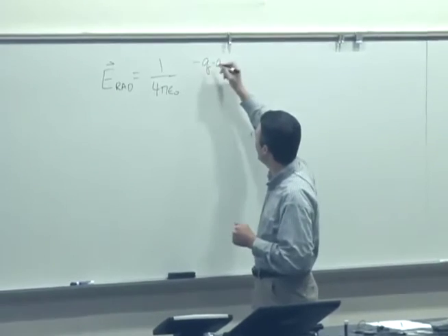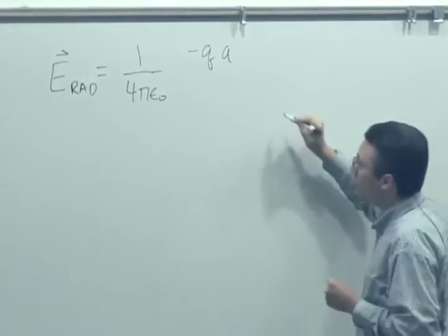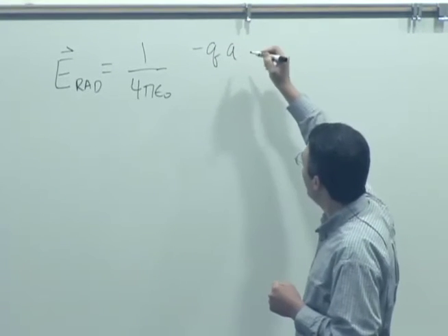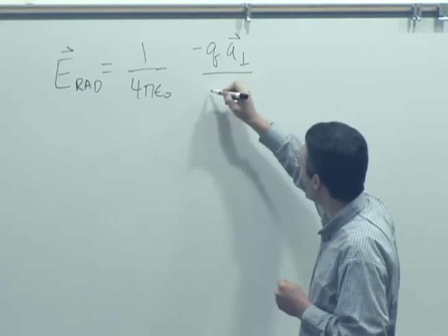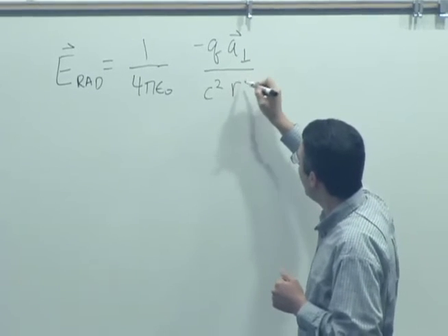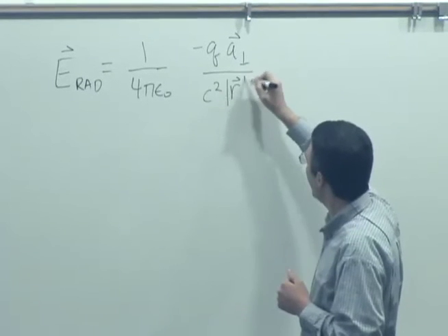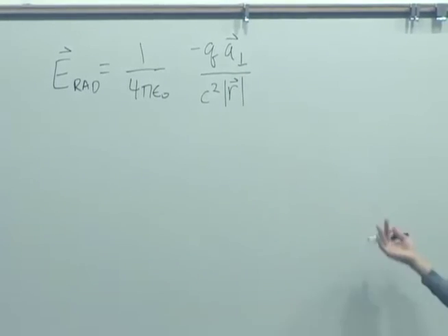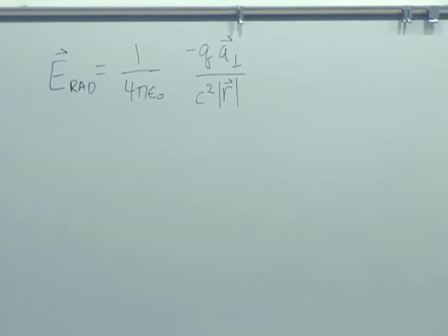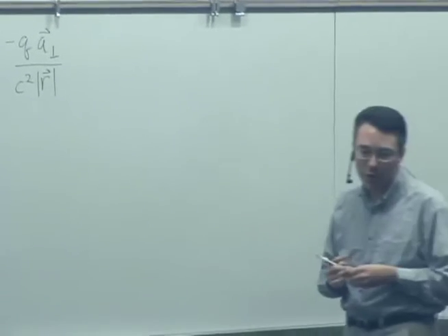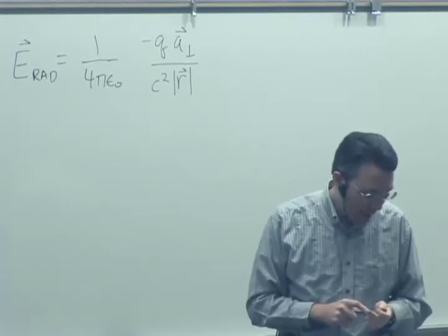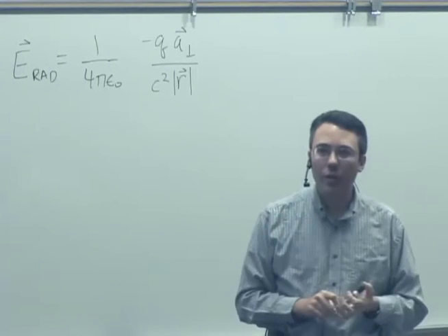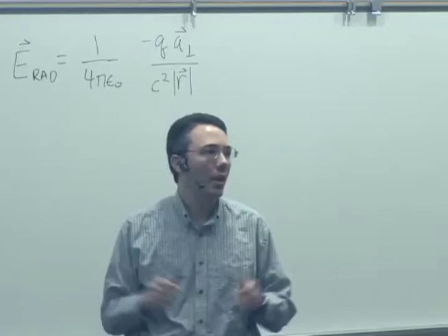We have this formula: the constant 1 over 4 pi epsilon 0 times negative q times the perpendicular component of acceleration, that's a vector, divided by c squared r. And this is the magnitude of the r that points from the source to observation location, which is also the direction of propagation of the emitted radiation.